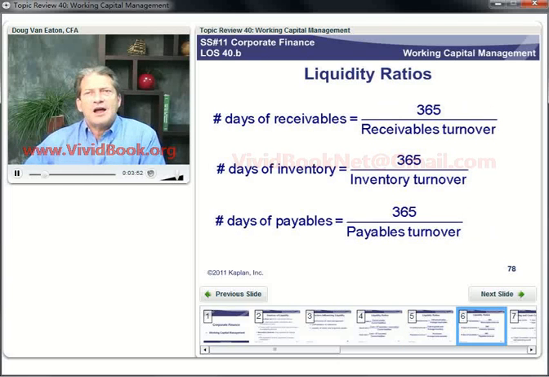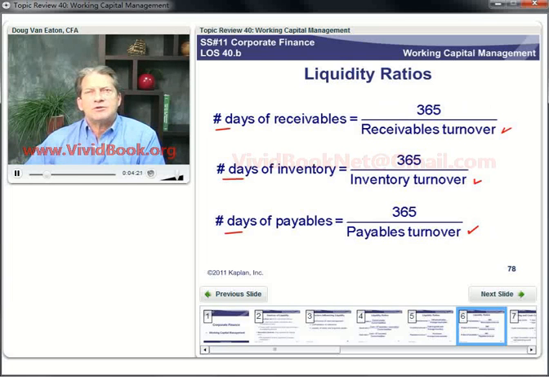Now, if we divide these, receivables, inventory, or payables turnover, into a 365-day year, we get number of days of receivables, inventory, and payables. So it's our average number of days worth. So here, for receivables, it's the average number of days of credit sales that we have outstanding. I guess we use sales here.